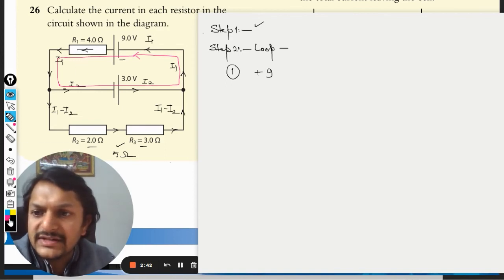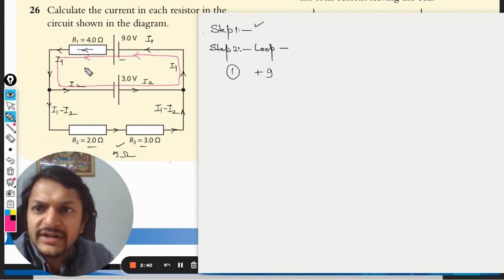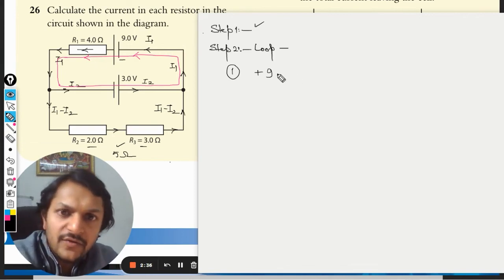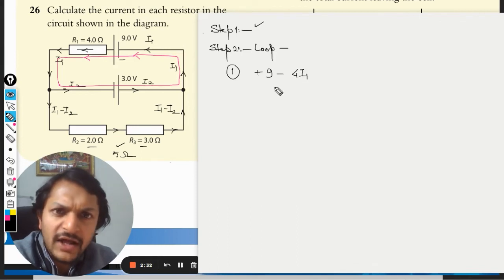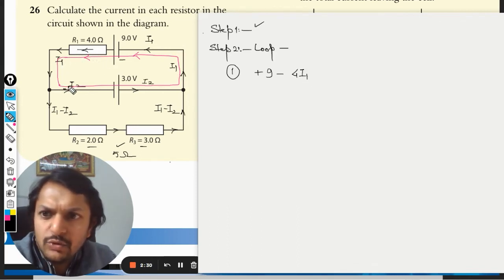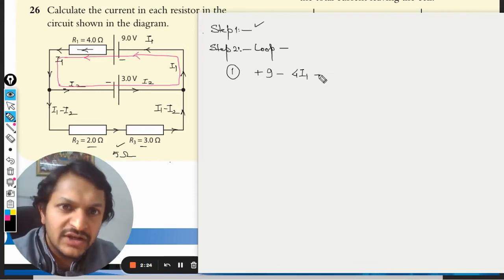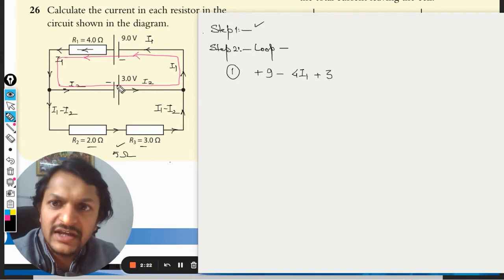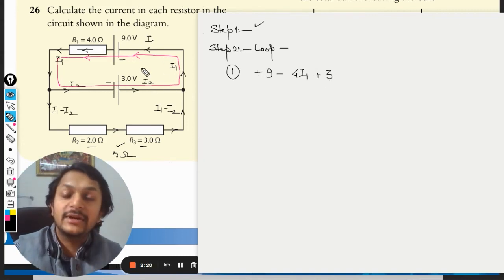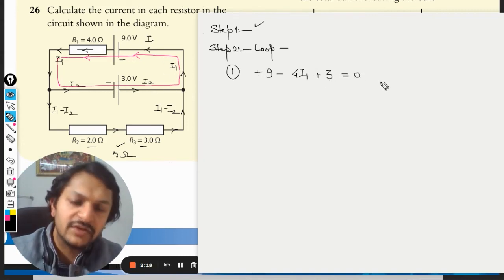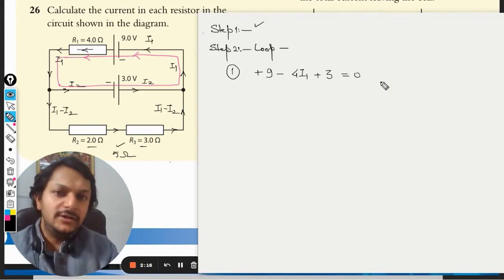Now here you can see that the direction of the loop and the direction of the current is the same, so that is why we would be subtracting this. It will become 4I1, and as we move along with the loop, we are again encountering the negative terminal of the second battery, so we need to add this also, plus 3, and then there is no other element in the loop, so it will be equated with 0.